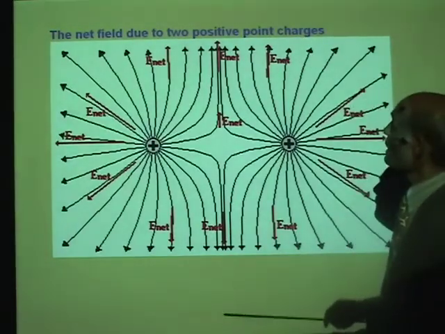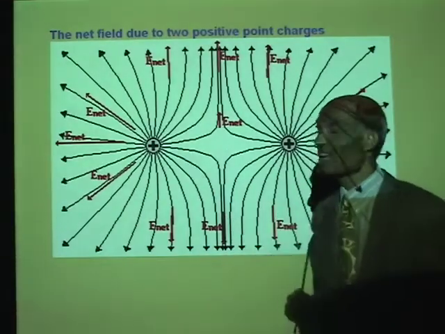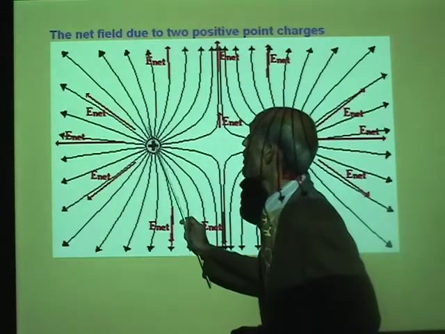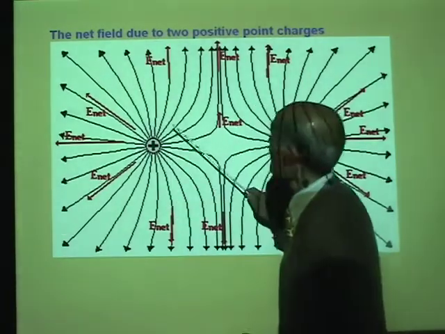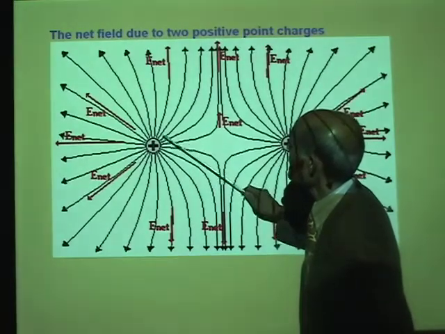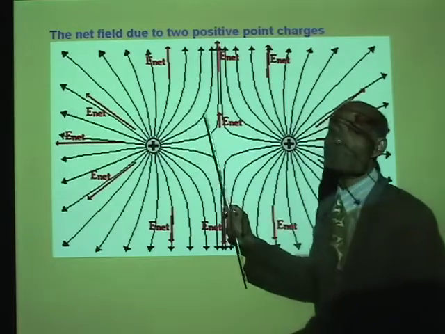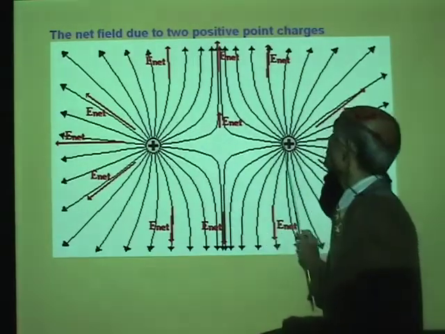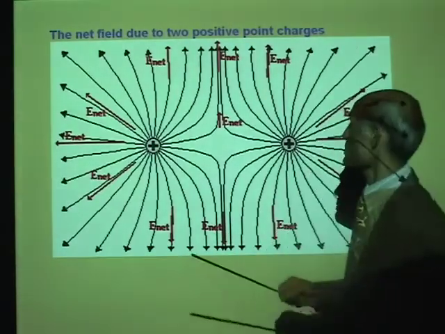I have now drawn a number of field lines. What these field lines indicate is, if I place a unit positive charge, what is the path it will take? If I place a positive charge here, it will go like this. In other words, it will be moving depending on the force due to both of them, using the resultant direction.